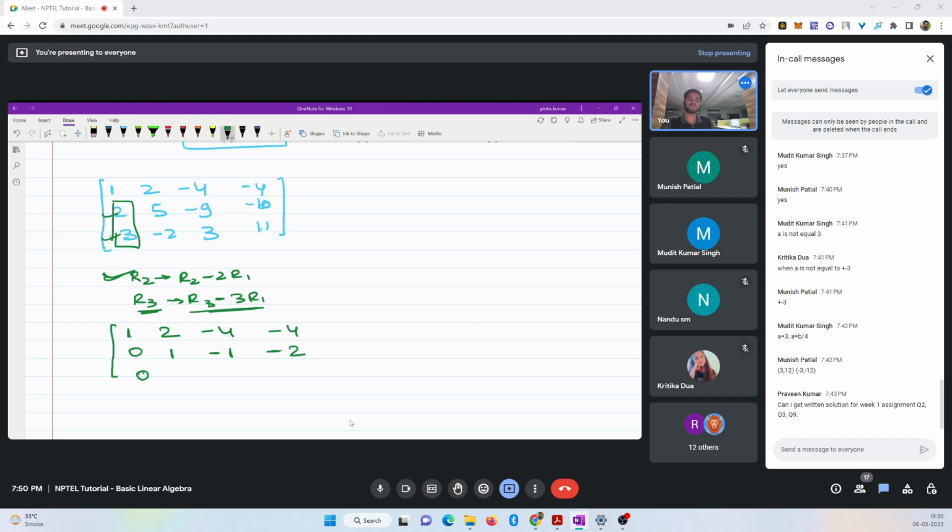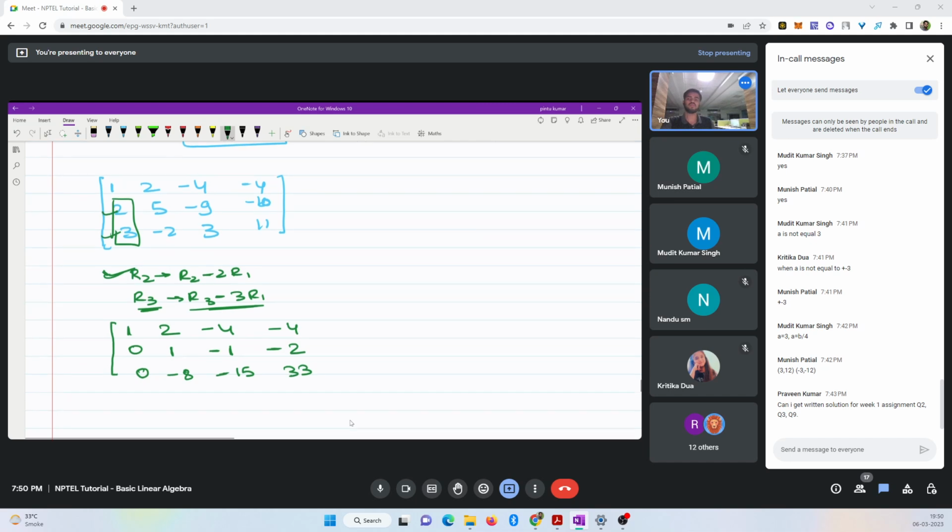And this becomes -8. This becomes -15. And this one also becomes +12, right? 33. Oh no, 23 too.